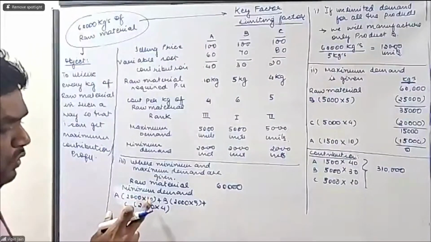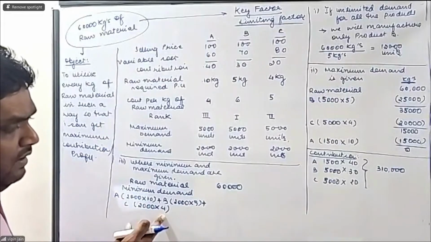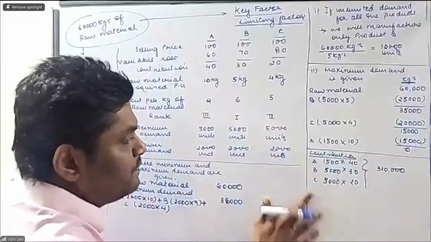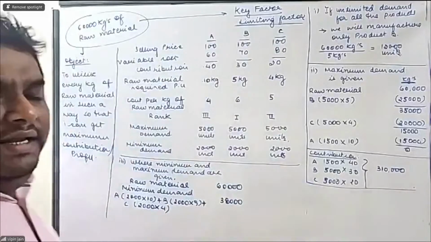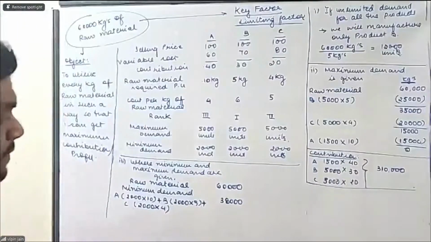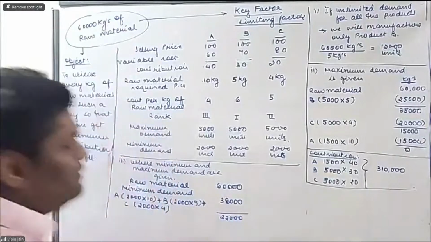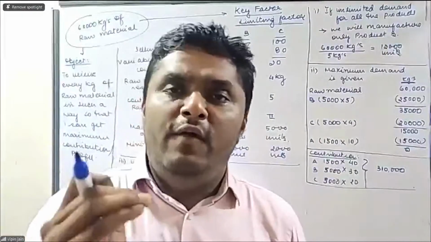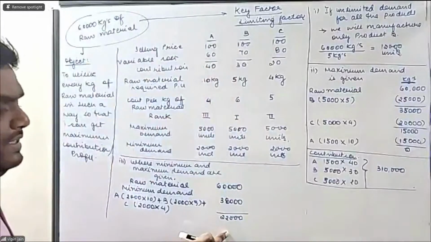So 2000 into 10, 20,000 plus 10, 30,000 plus 8, 38,000. So 38,000 is utilized for minimum demand. So rest we are left out with is 22,000 kgs. So after fulfilling the minimum demand of A, B and C, we are left out with 22,000 kgs.